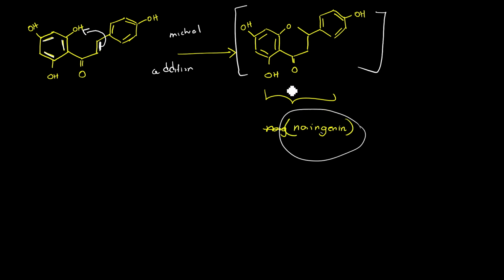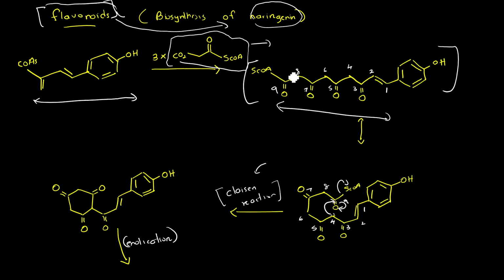This is a simple molecule, and again this Michael addition is a different kind of mechanism. If you don't remember it, go back and watch it. We have a video about Michael addition too. It's not that hard, it's a simple mechanism. So here we have discussed the biosynthesis of naringenin. I hope it's okay. It's not that hard, right? It's the same old reactions.